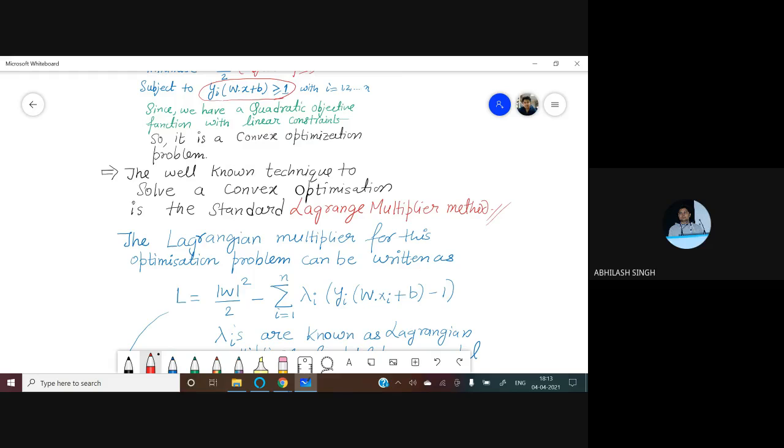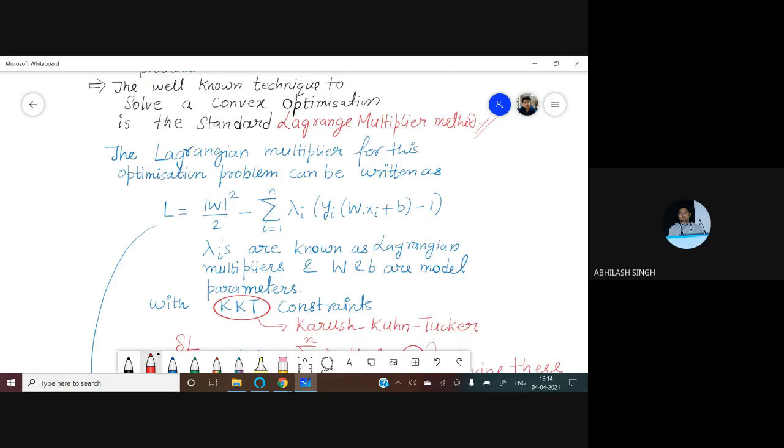Once you apply this Lagrange multiplier method over our objective function and the constraint, you can write these things as L equal to this equation, where the lambda i's are known as Lagrangian multipliers, and w and b are the model parameters.